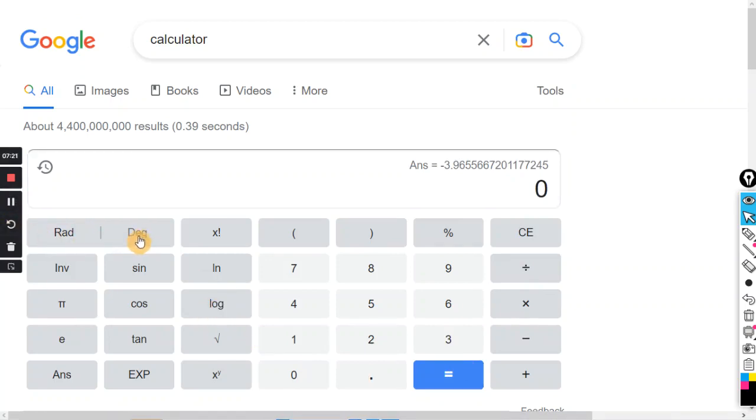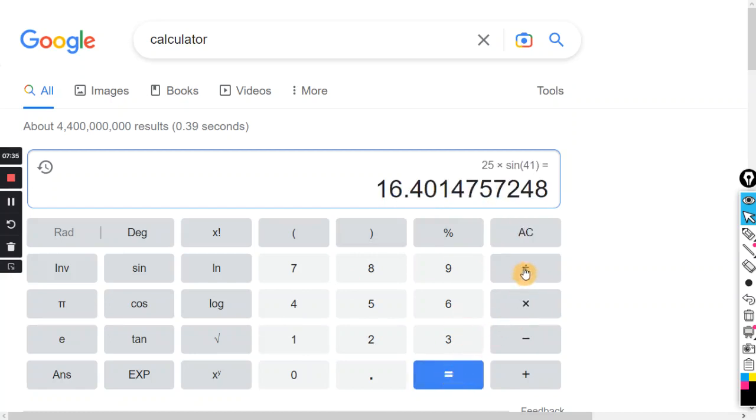Actually, make sure this is in degrees first, because we're using degrees. It's in boldface. I'll try again. 25 times sine of 41, close parentheses. Click equals, and that whole thing was divided by 30. Click equals.